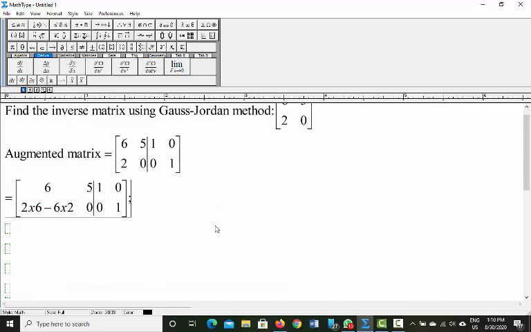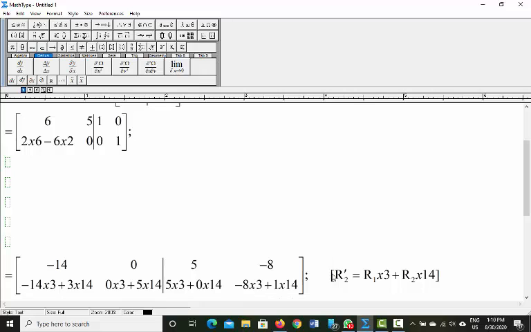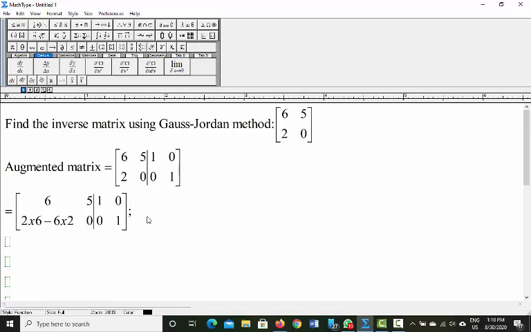So what will be the formula? In the side note, you need to write the formula. What we are doing is, this 2 is in the row 2. So with row 2 we are multiplying 6.